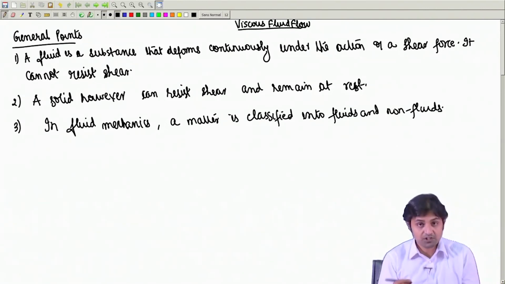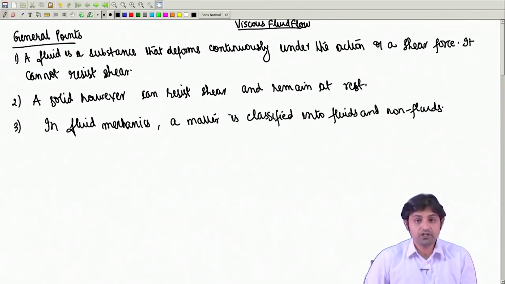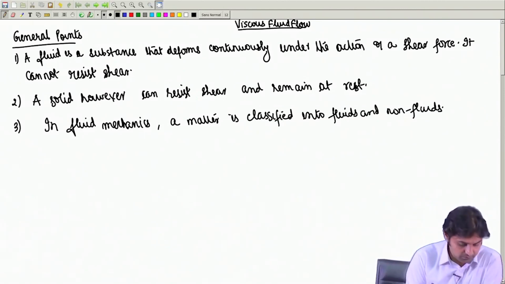So in thermodynamics, the normal definition is classification in solids, liquids and gases, but in fluid mechanics it's fluids which consist of gases and liquids and non-fluids. Non-fluids are mostly the solids. Okay.